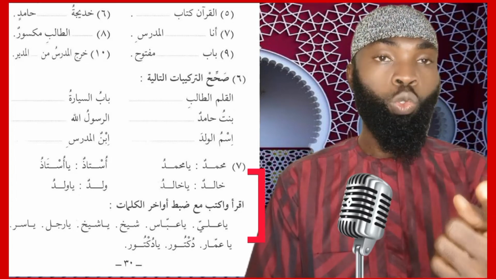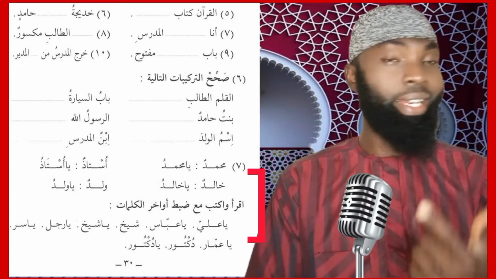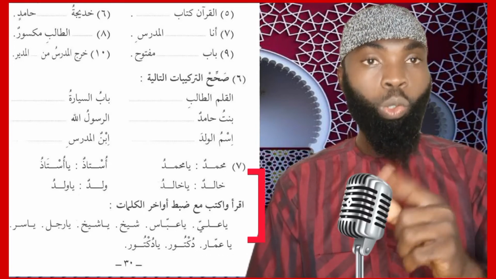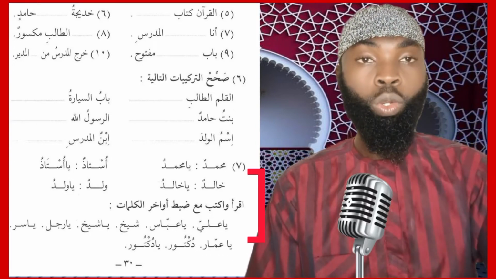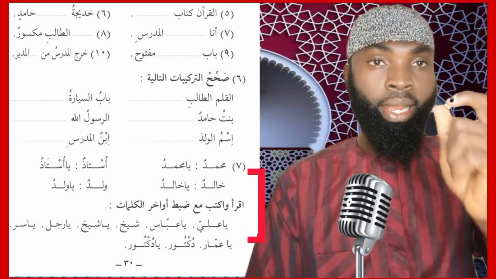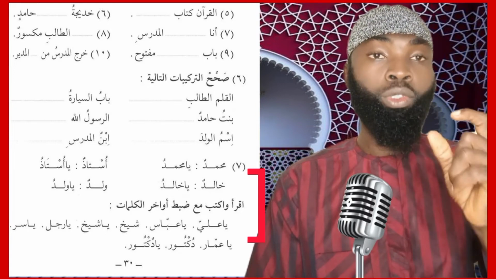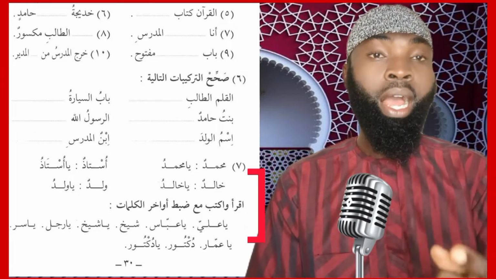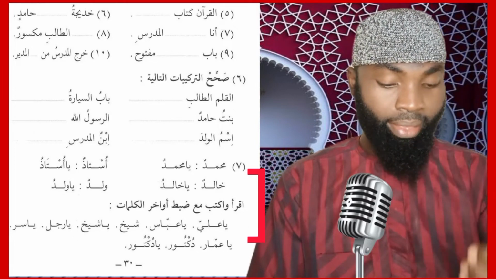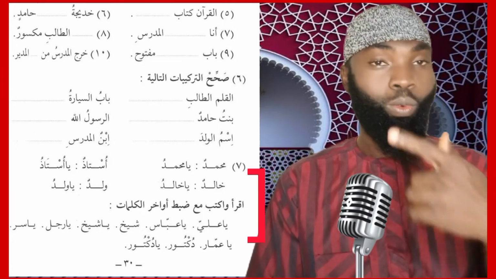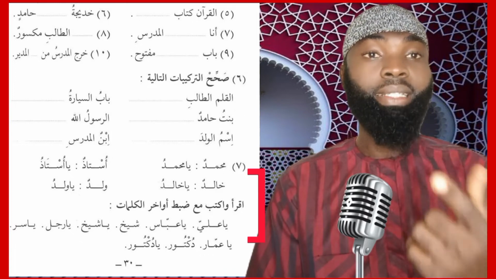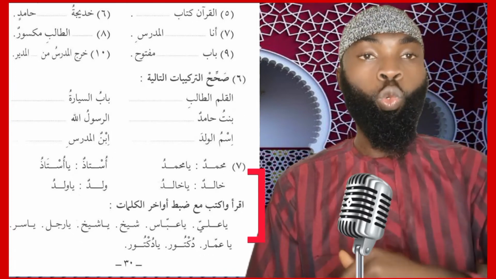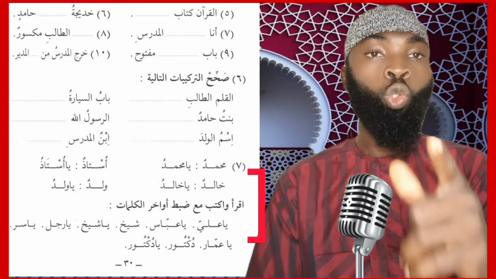Ya Muhammadu. You will no longer say Ya Muhammadun. No, what you say is Ya Muhammadu. You remove a vowel from the double dhamma we have earlier in Muhammadun, and now you pronounce it as Ya Muhammadu. Then we also have Khalidun. How will you call him? You pronounce it as Ya Khalidu.